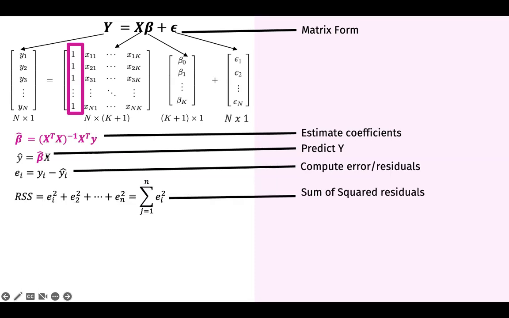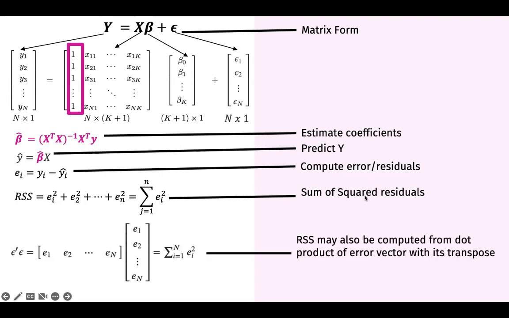Now in order for us to evaluate the predictions, we can compute the error or the residuals, which is simply the difference between the actual y sub i and the predicted y sub i hat. To get the sum of the squared residuals, we simply take the error for each point, square it, and take the sum. And that is why it is called the SSR, or the sum of squared residuals.